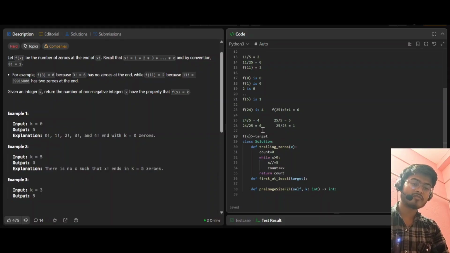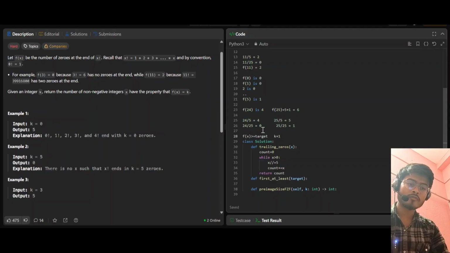Suppose we find the first value of x where the trailing 0 count becomes at least k. This marks the beginning of the range where f(x) may be equal to k. Then we find the first value of x where the trailing 0 count becomes at least k plus 1. This marks the end of the range where f(x) is equal to k.